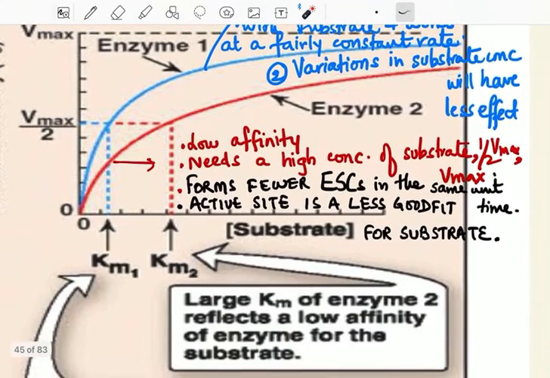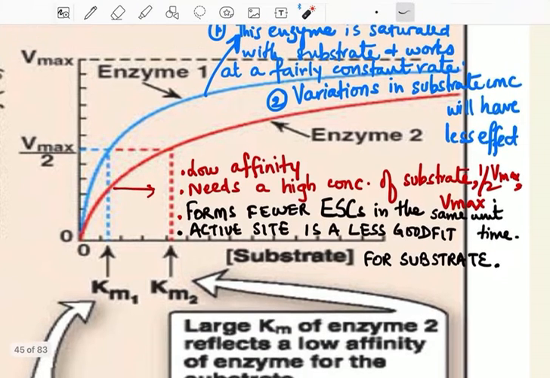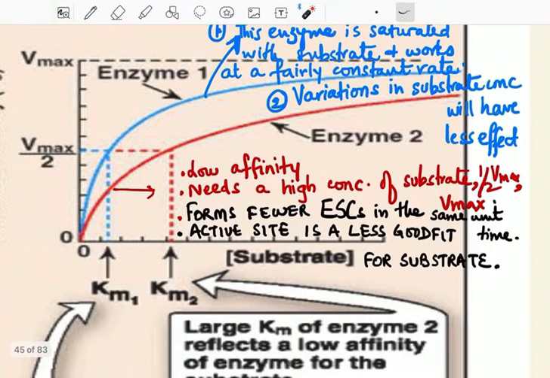Whereas the enzyme with the high Km, जो red वाला graph है enzyme 2 का, it has a low affinity for the substrate because it has a high Km. याद देखें Km इसका ज़्यादा है and so it has a low affinity and needs a higher concentration of substrate, half Vmax, Vmax, forms fewer enzyme substrate complexes in the same unit time as compared to the enzyme with the low Km.